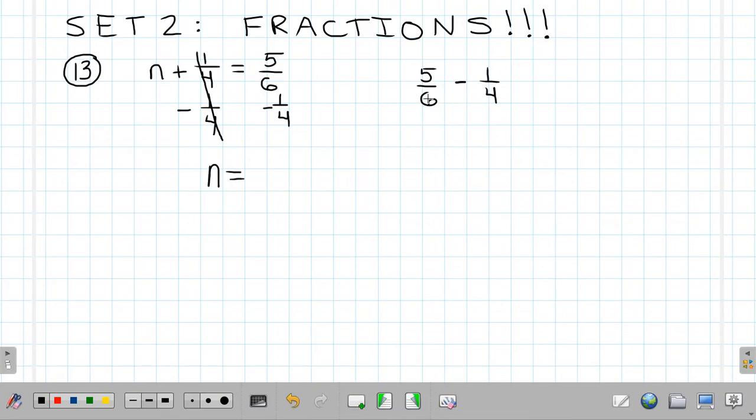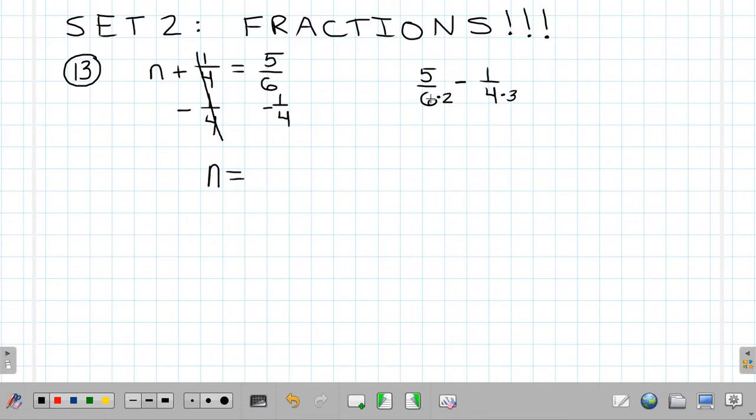So I'm going to go that route and say, well, if I multiply 6 times 2, I can get 12. Okay. Well, what do I have to multiply times 4 to get 12? Well, I can do 4 times 3 is 12. But here's the thing we have to remember. If we change the denominators here, okay, then we also have to change the numerators in the same way.